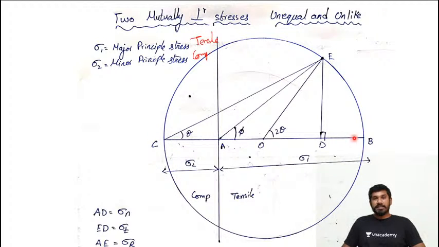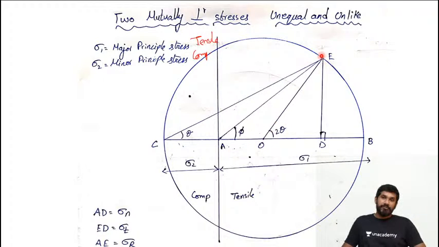So there is line CB. Find the midpoint of CB, that is O, and now with OC or OB as radius, draw a circle, that is your Mohr circle. From O, draw a line which should touch the Mohr circle, and the angle of this line is 2 theta.